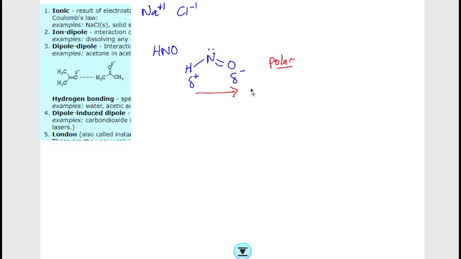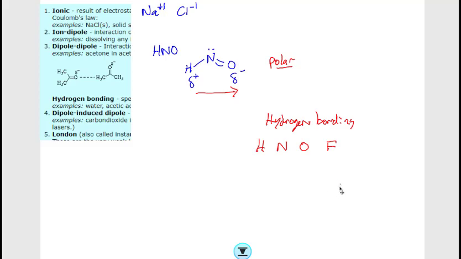One special circumstance of these polar molecules or dipole-dipole is what we call hydrogen bonding. And hydrogen bonding is a little bit stronger than just your standard dipole-dipole. So hydrogen bonding occurs anytime we have hydrogen with nitrogen, oxygen, or fluorine.